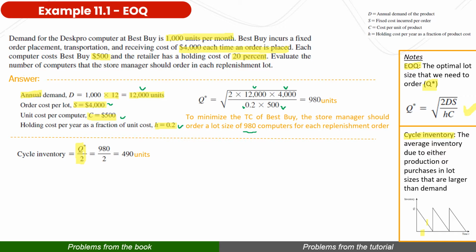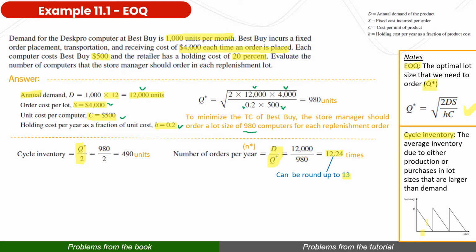And then for the number of orders per year, or N star, the formula is the annual demand divided by the Q star, and we got 12.24 times, and actually it can be rounded up to 13.